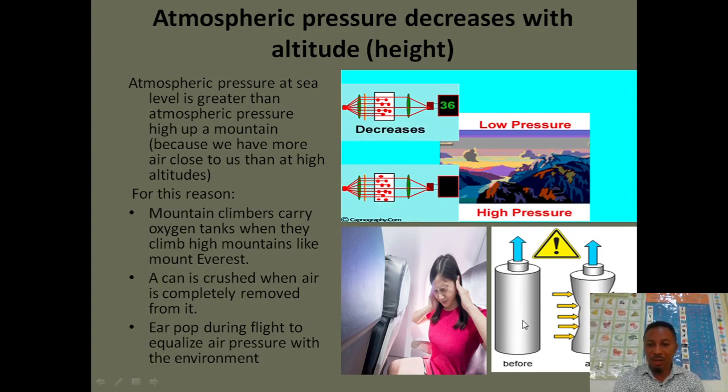The moment you seal it, the pressure inside will be low because the amount of air there is almost zero. So when this happens, the pressure outside will crush the can. It's like you don't have any resisting or balancing pressure from inside.